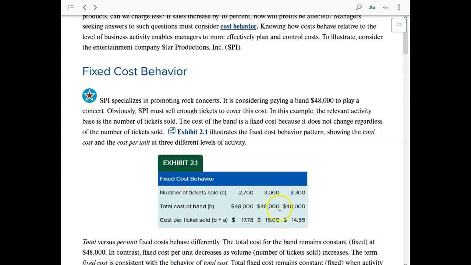So $48,000 divided by 3,000 tickets, you get $16 per ticket as the fixed cost per unit. Do the same thing at the 3,300 ticket level, and it's $14.55. So don't let this confuse you. A fixed cost is a cost that does not change as the level of activity changes. Now, the fixed cost per unit will change because the more units you have, like here, more tickets you have, you're spreading that same cost, that fixed cost, over more units, more tickets, and therefore it drives down the fixed cost per unit.